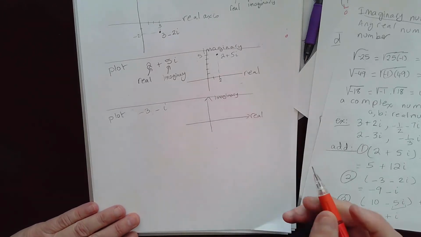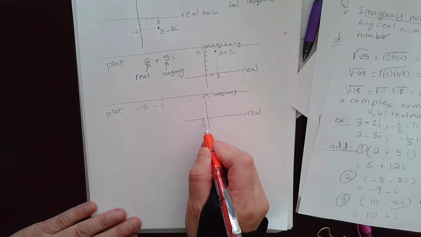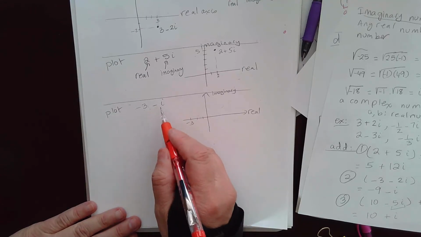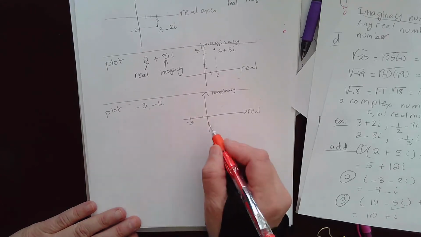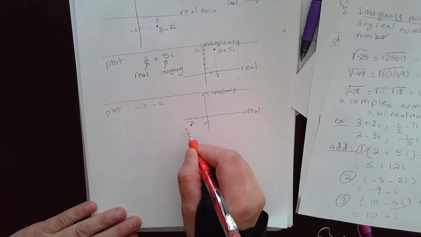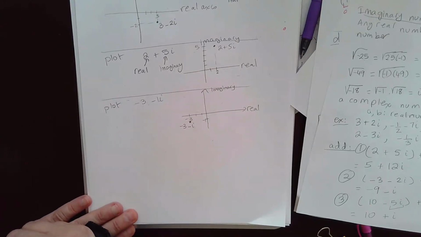Okay, so the real part is this one here, negative 3, and the imaginary part is negative 1i, right? There's a negative 1. So this is your point right here, negative 3 minus i.